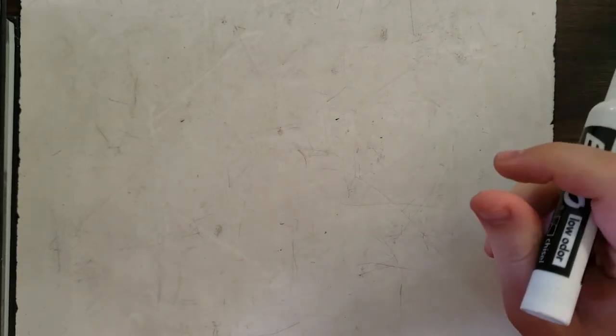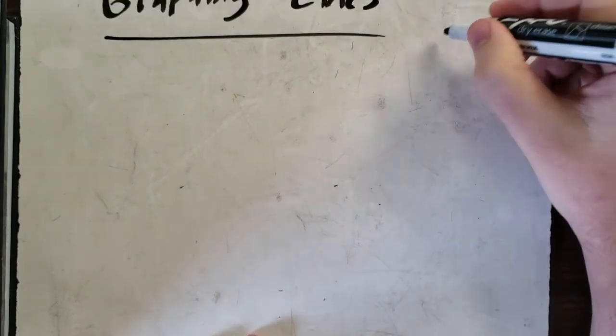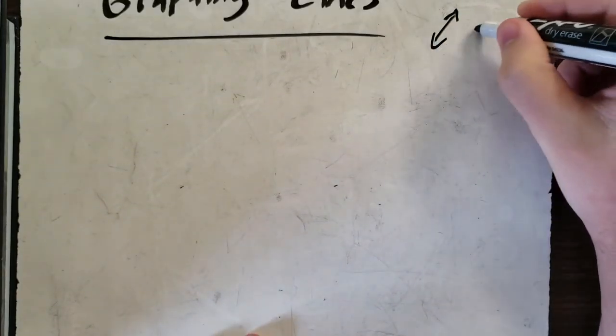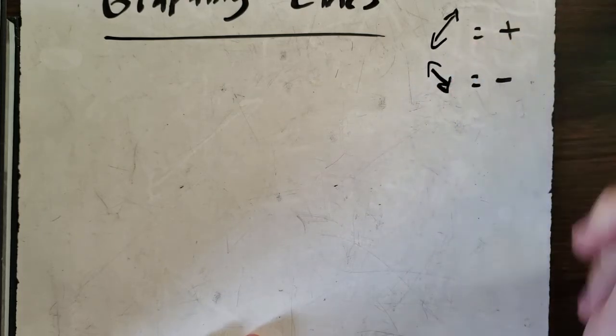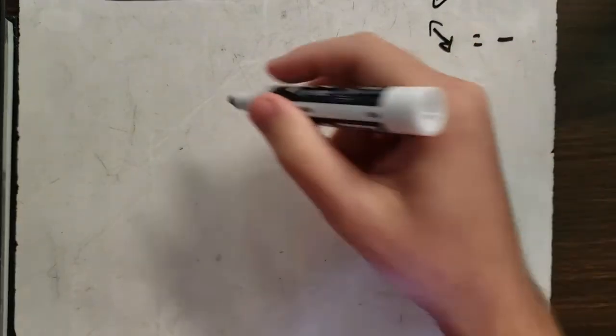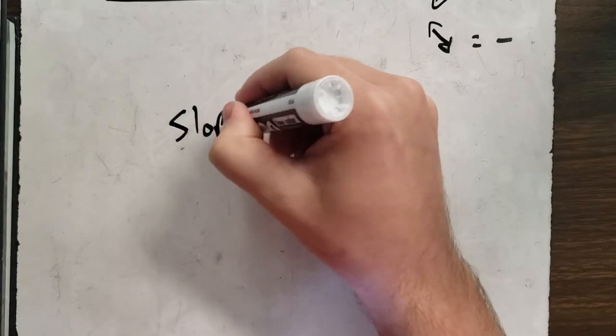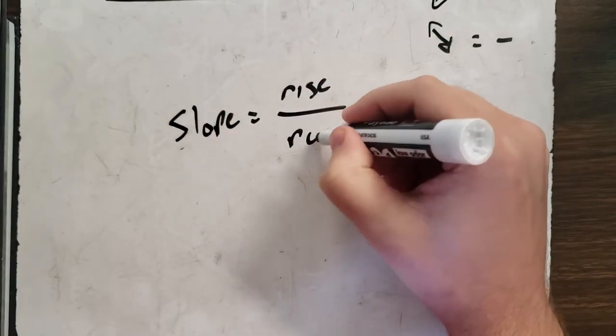The next rule is rise over run. Now I'm gonna write this up here. So now this is positive, and this is a negative slope. I'm gonna leave that up there for us. So the next rule is rise over run. Okay, so let's say our slope is rise over run.